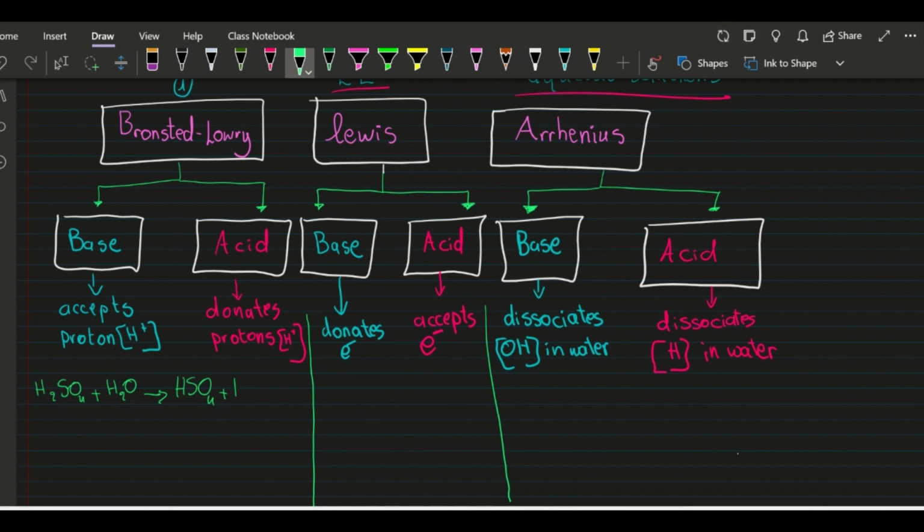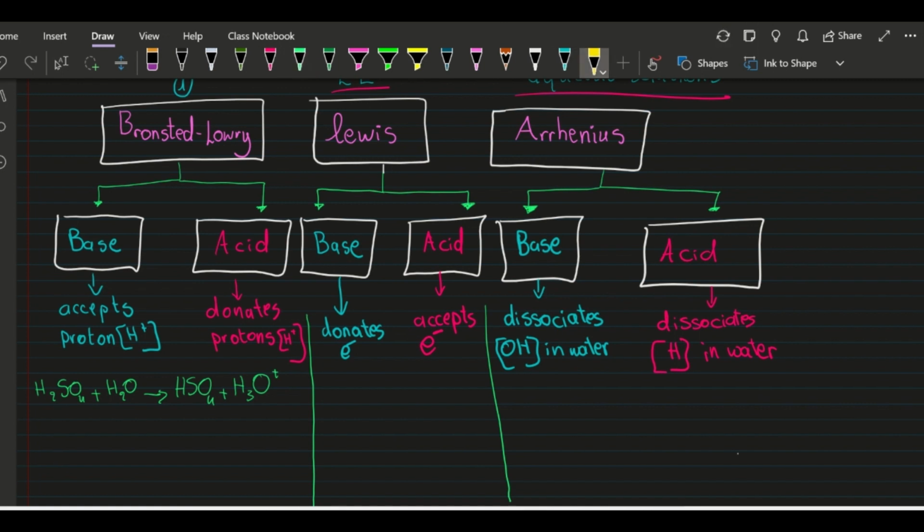And make sure that you know these definitions because they are most likely going to be in many multiple choice questions usually. So if you just know this table, you're able to answer those multiple choice questions with confidence.